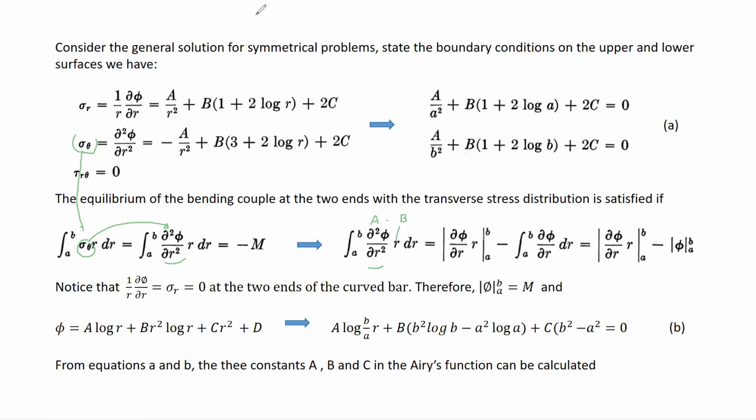From algebra or calculus, we know if you have such a product, A times B dx, it would be AB minus integral B dx.